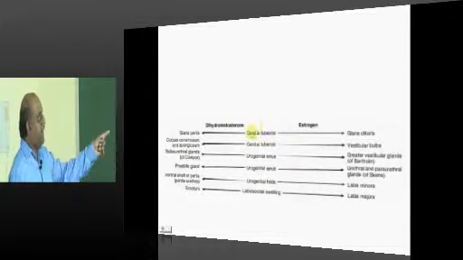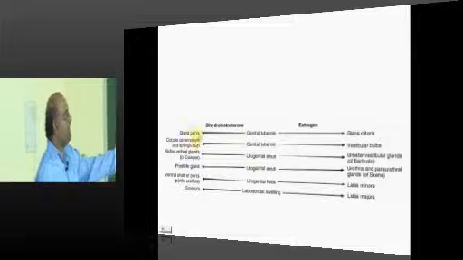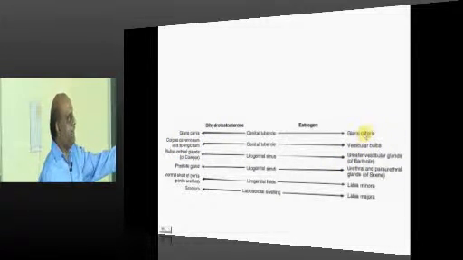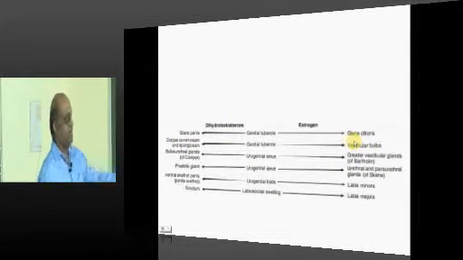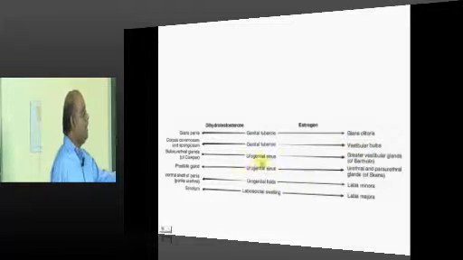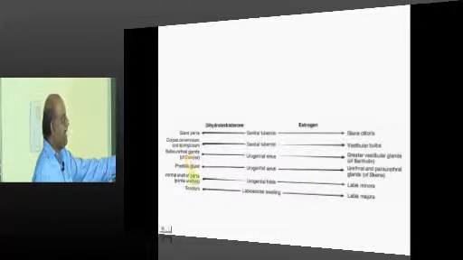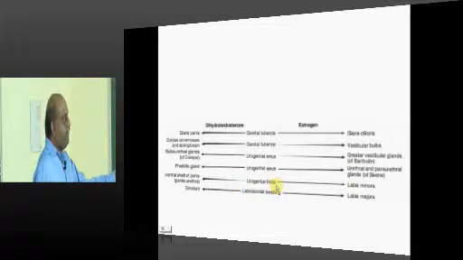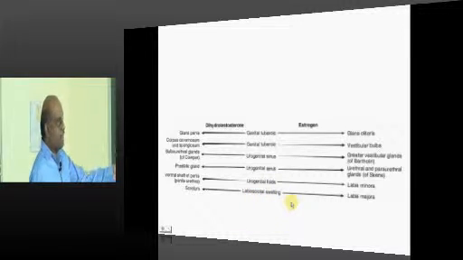So doctor, this table you are not going to forget, you will remember me in the exam. Genital tubercle gives rise to corpus cavernosum, glans, vestibular bulbs and clitoris. Urogenital sinus: Cowper's glands, prostate gland, Skene's glands. Urogenital folds: labia minora, and labioscrotal swelling: labia majora and scrotum.